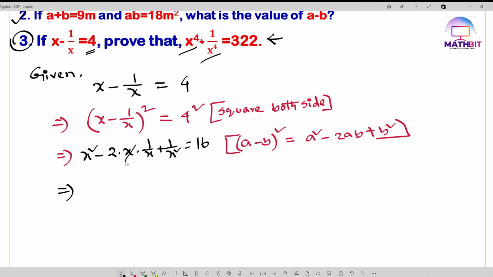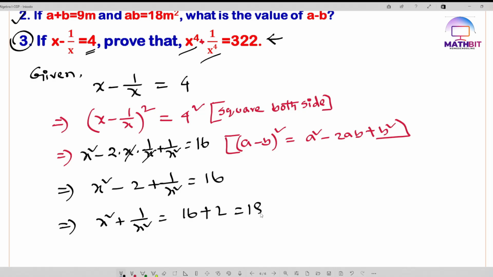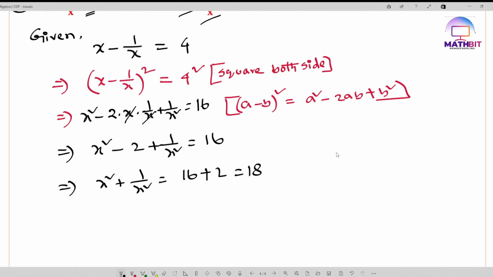Now this x and x cancel out, so here is x square minus 2 plus 1 by x square equals 16, and x square plus 1 by x square equals 16 plus 2, so here is 18, right?